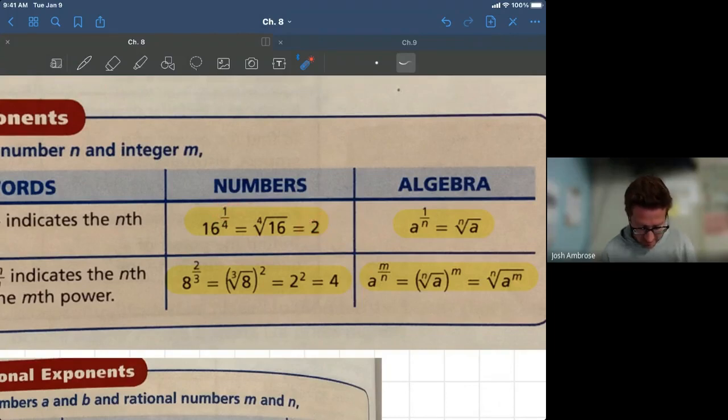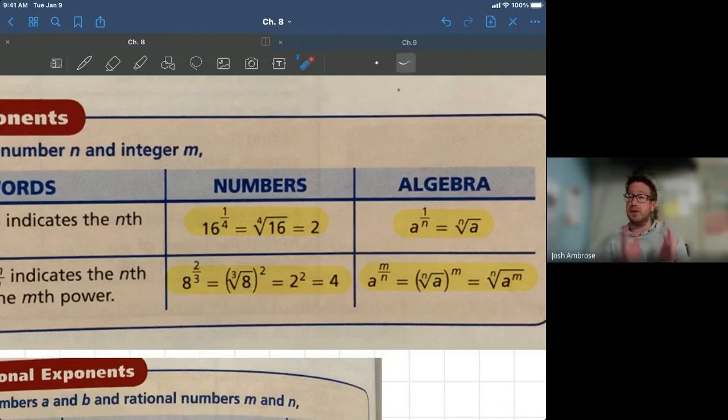But let's take a look at this example here. There's a 3, so that means it's going to be a cube root or a third root. That's what you're seeing right here. And the cube root of 8 is 2. Then this number, the numerator, is the exponent that we're going to take that answer to. So this 2 is this 2 is this 2, and then 2 squared is how we're getting a final answer of 4.